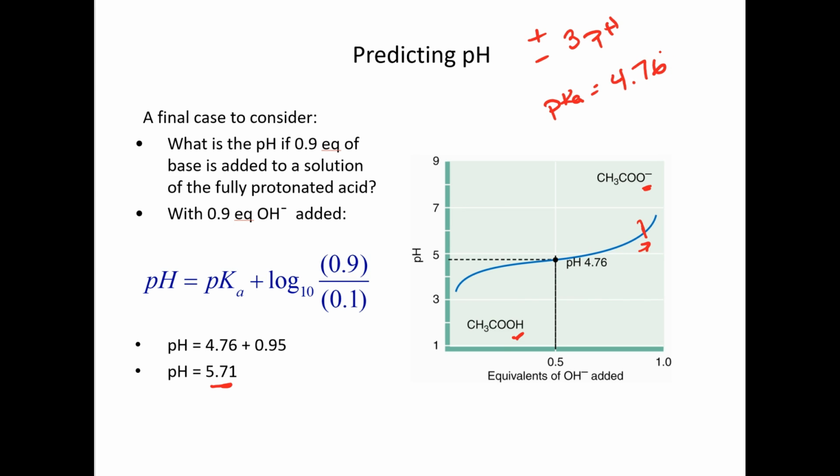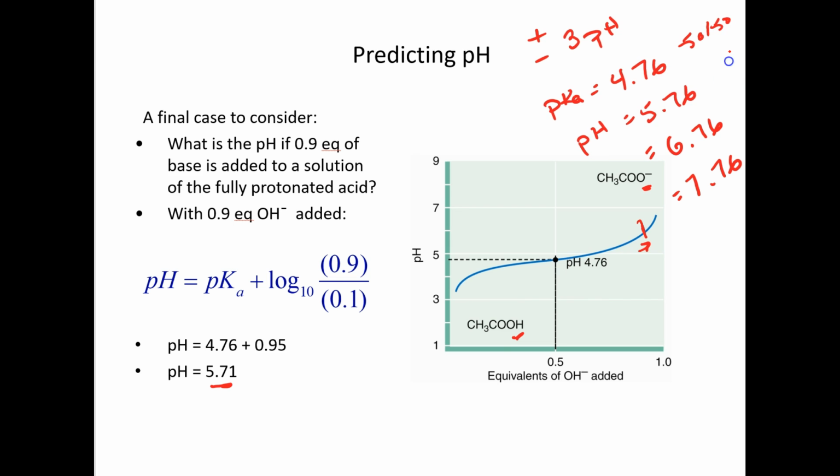If we put it in a solution where the pH is 5.76, 6.76, and 7.76, what's going to happen is, it's a 50-50 mixture if you have the pH at 4.76. But if we move the pH to 5.76, it's going to become 90% conjugate base.